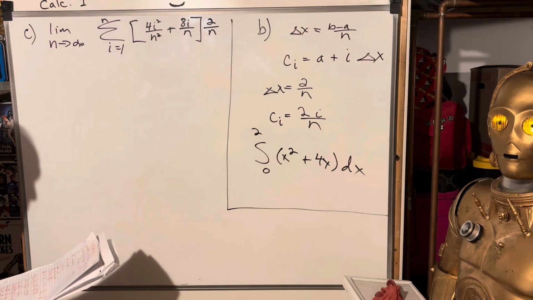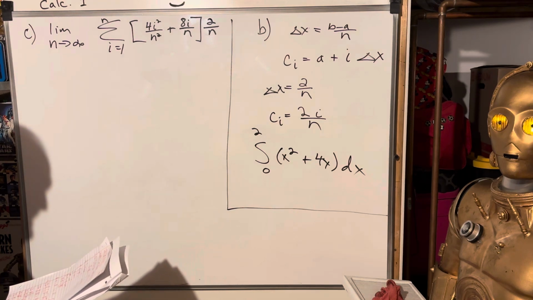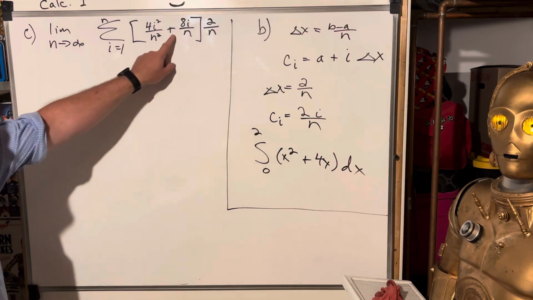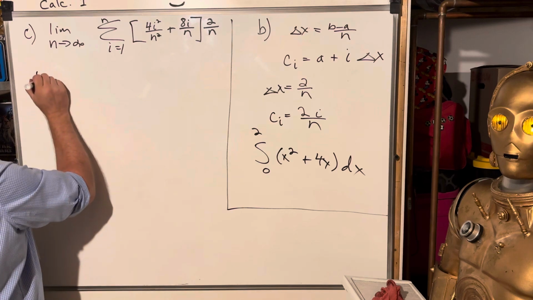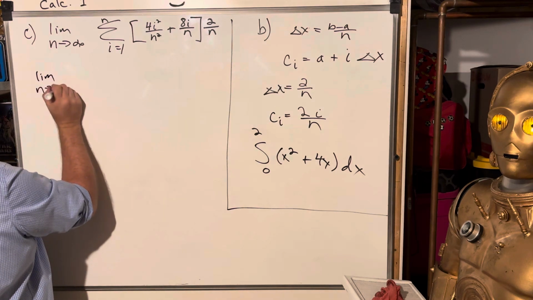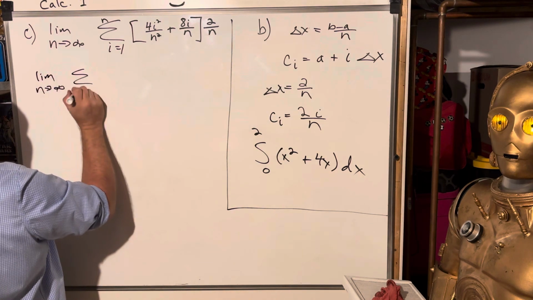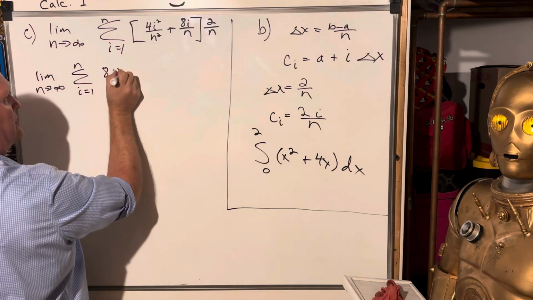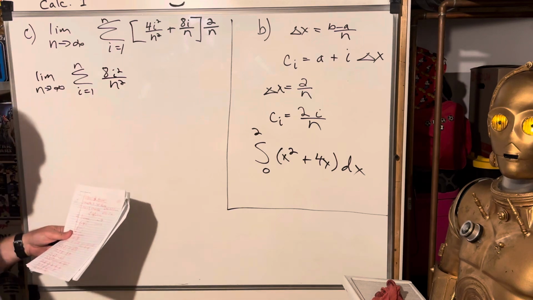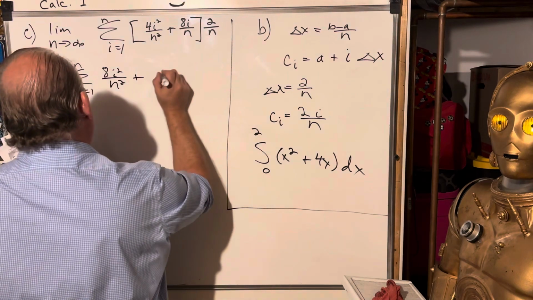Okay. So let's split it into 2 different limits, because of this plus. Let's do the distributive property and split it, so we'll do 2 steps in one.